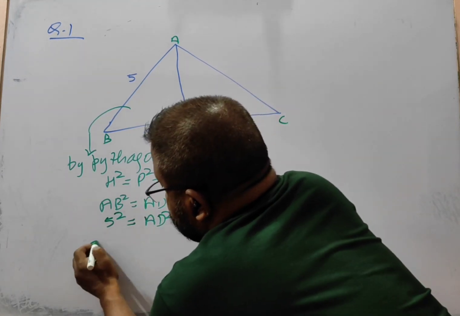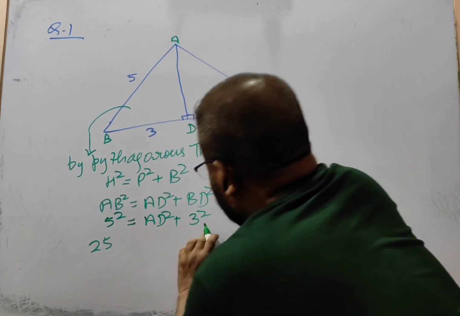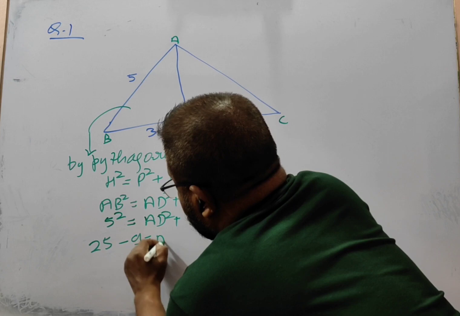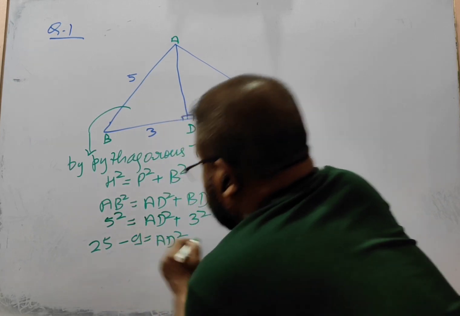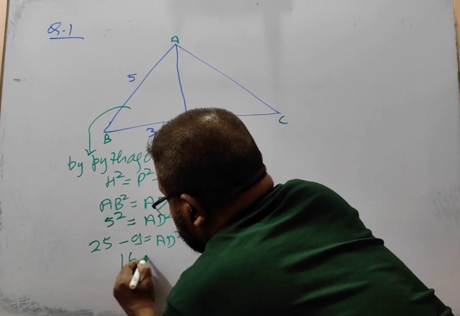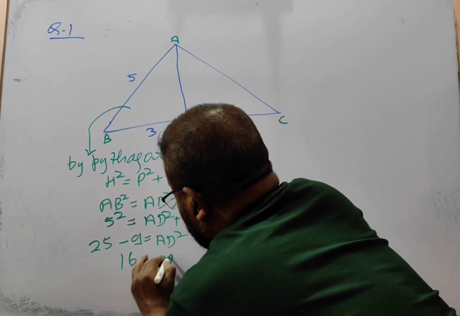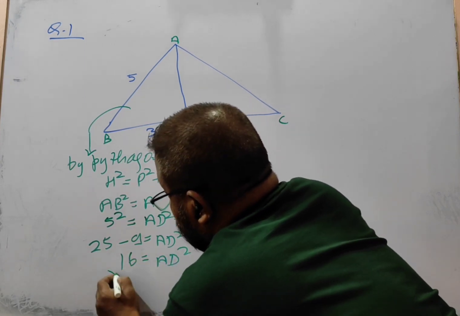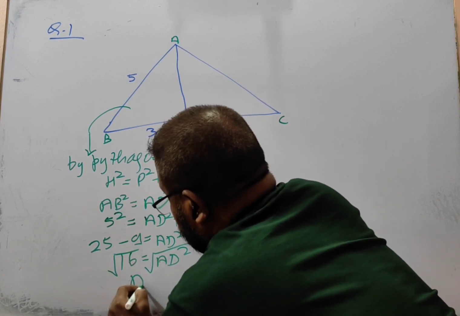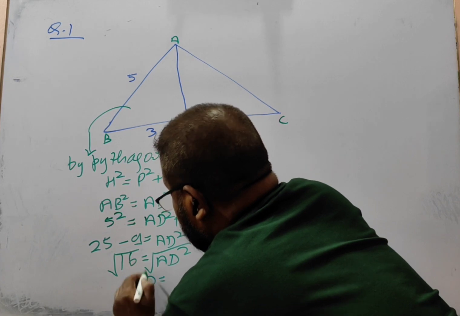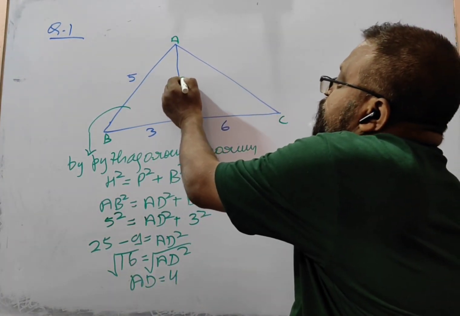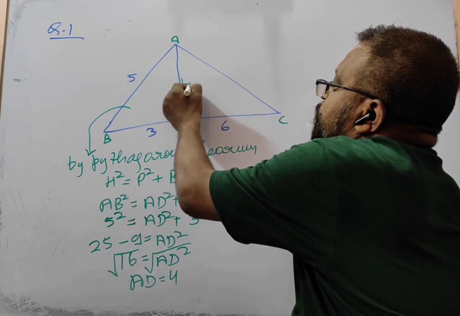So it becomes 25 minus 9 is equal to AD square. Now it becomes 16. 16 is equal to AD square. So taking square root both sides, we get AD is equal to 4. So this we got 4. Right?